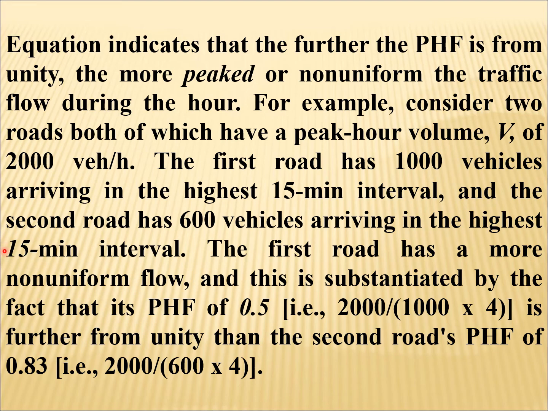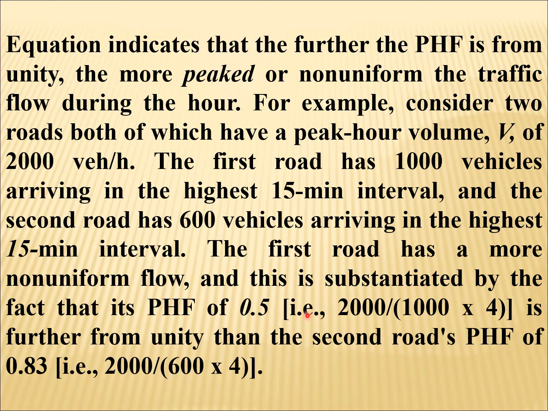The first road has more non-uniform flow, and this is substantiated by the PHF of 0.5. How are you getting 0.5? That is 2000 divided by 1000 times 4, and the answer is 0.5.